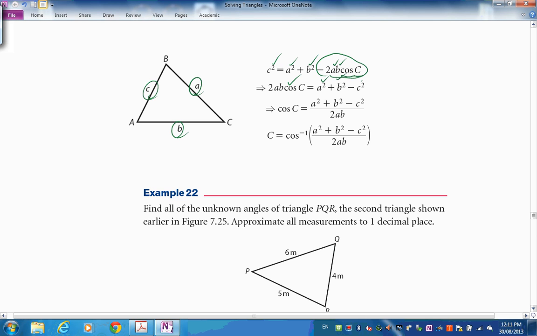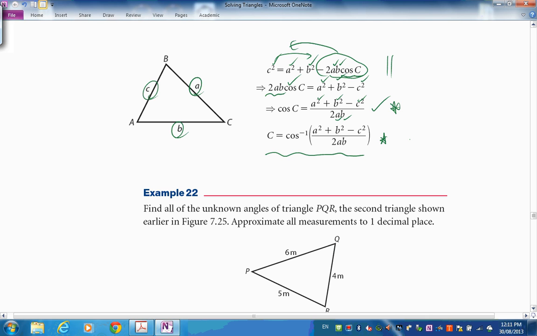So a squared plus b squared take c squared, over 2ab, gives cos of angle C. So we're rearranging this original expression. So you can find the cosine of C if you knew all the sides, and then do inverse cosine on the calculator.